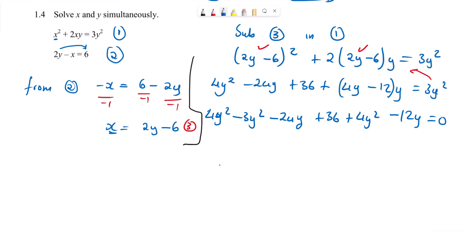Okay, so like terms, this and this, 4y squared minus 3y squared is y squared, plus 4y squared is 5y squared. 24y plus 12y is 36y, negative 36y. So that will be negative 36y. You add 36, it's the standalone 36.